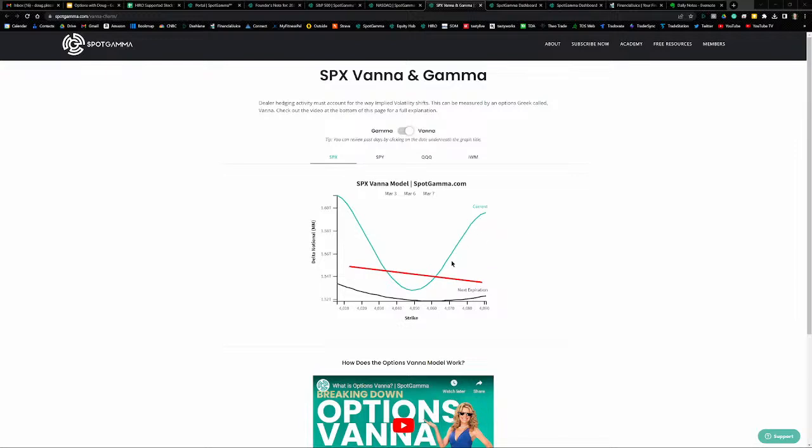That's the current expiration, showing how market makers' delta exposure changes with changes in implied volatility, and that's the Vanna effect, the change in delta with a change in implied volatility. And this is showing a fairly neutral position for SPX.